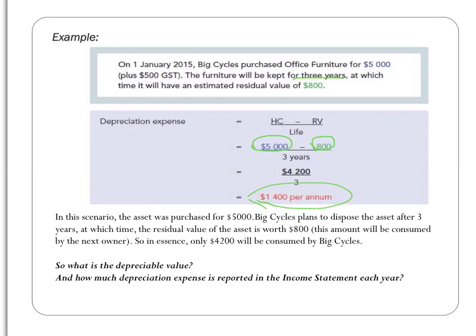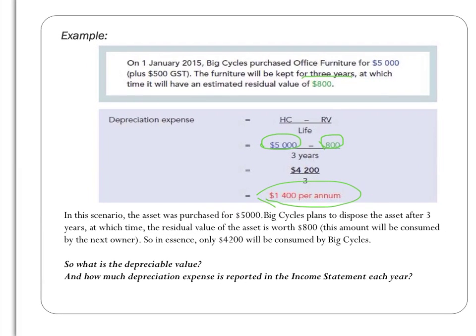So question for you. What is the depreciable value? Given we've talked about the definition of depreciable value, what is it? In this case, it's going to be $4,200. And how much depreciation expense is reported in the income statement each year? We've just worked that out. $1,400 per annum.